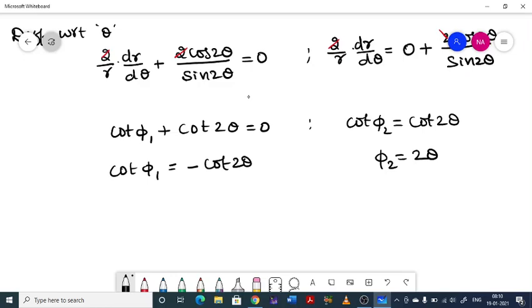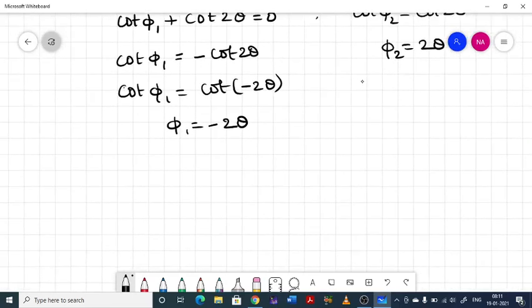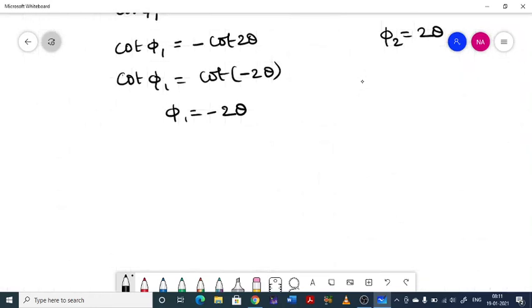So cot of minus cot theta equal to cot of minus theta, so that I can write this as cot of minus 2 theta. So from that phi 1 equal to minus 2 theta. So phi 1 equal to minus 2 theta and phi 2 is plus 2 theta.